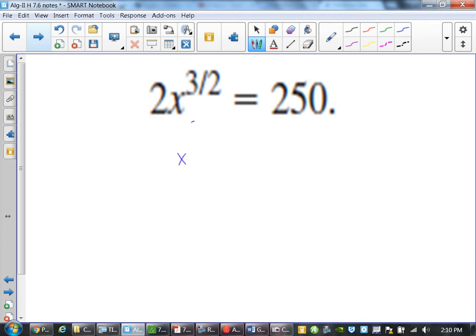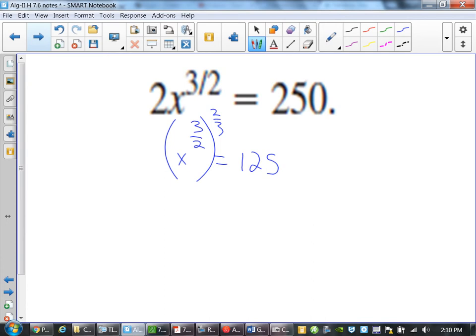I get x to the 3 halves is 125. Now, when you're dealing with fractional exponents, you have to undo them by raising them to their reciprocal power. Because if I raise it to the reciprocal power, I have power to power, which means you would multiply those together, and you get x to the 1.